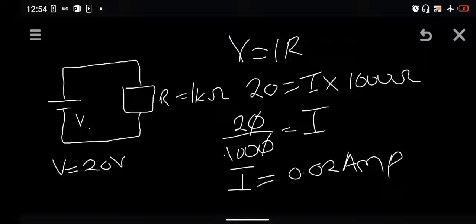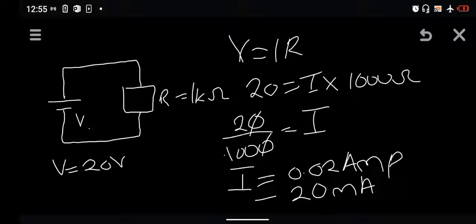So we see now that the current is 0.02 amp, and this is also equal to 20 milliamp. So this is a simple understanding of Ohm's law. Whenever other factors are kept constant, V is always equal to IR.